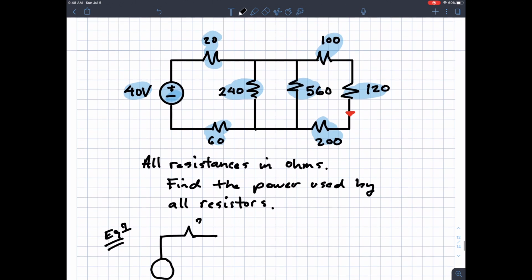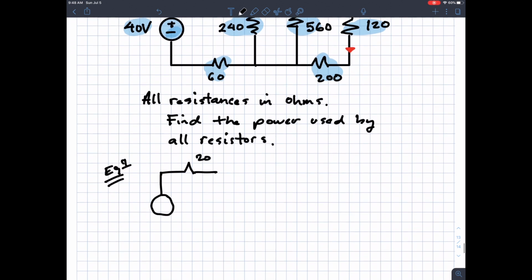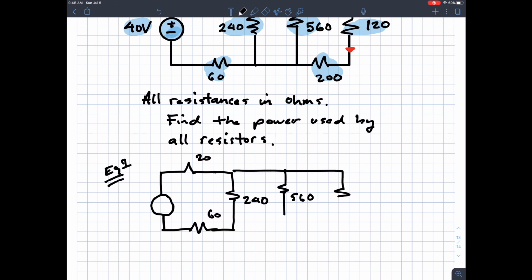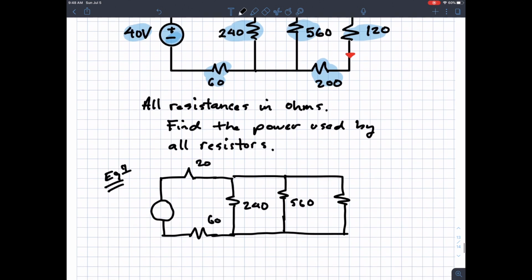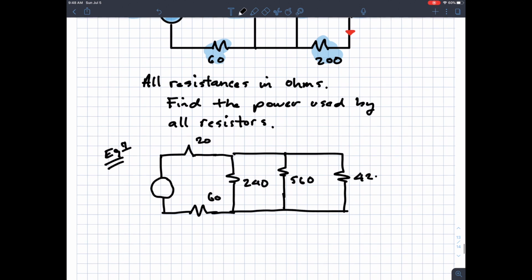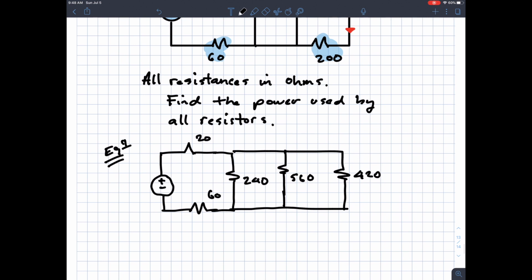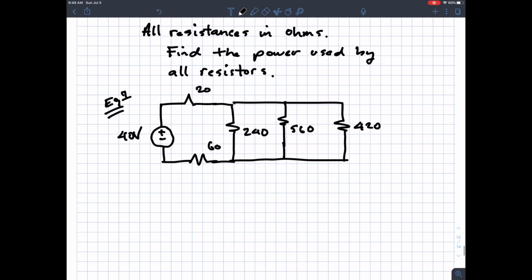This would be the original 20, the 60 down here, the 240 stays, the 560 stays. But because these three are all in series, I can combine them: 100 plus 120, that's 220, plus 200. This would be 420. And here is 40 volts. So that's equivalent circuit number 1.